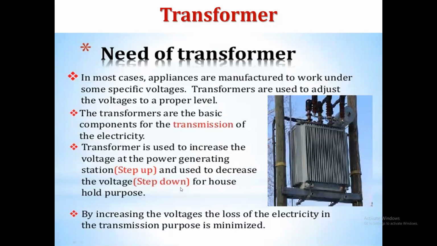Now try to read the few needs I have noted here. In most cases, appliances are manufactured to work under some specific voltage. Transformers are used to adjust the voltage to a proper level. The transformers are the basic components for the transmission of electricity. The transformer is used to increase the voltage at the power generation station, which we call step up, and to decrease the voltage, step down, for household or domestic purpose.